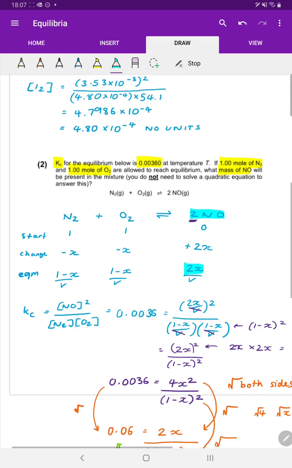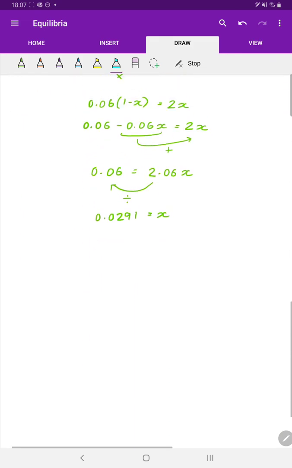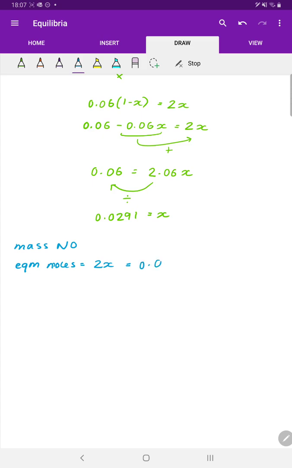Okay, so remembering that, let's calculate it down here. So here we want mass of NO. So equilibrium moles is 2x, which is equal to our answer 0.0291 multiplied by 2, 0.0582.